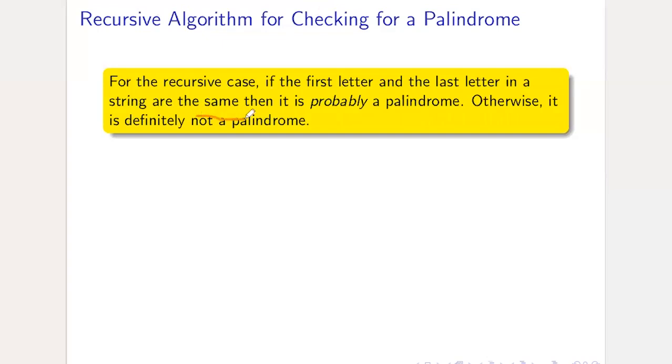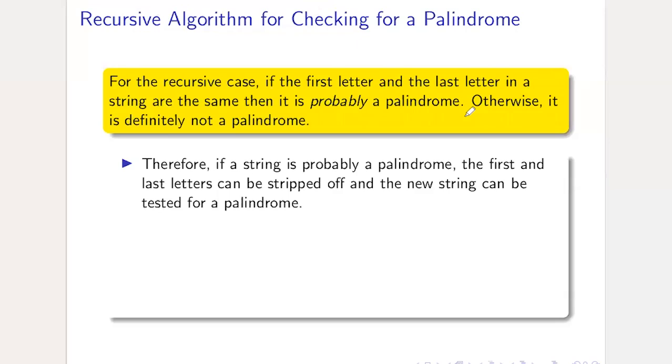They must be the same for it to be a palindrome, probably. Okay, because we have to check the other letters also. So if it is to be a palindrome, then at that point, the first one and the last one should be the same. Otherwise it's not a palindrome. So we can use this knowledge as a way to build our recursive case.